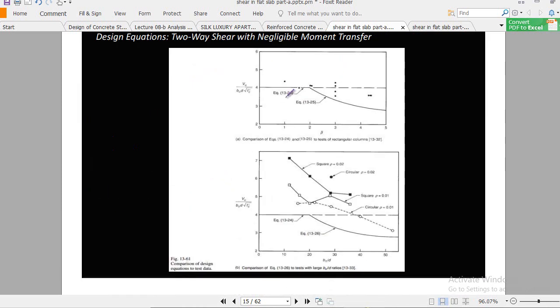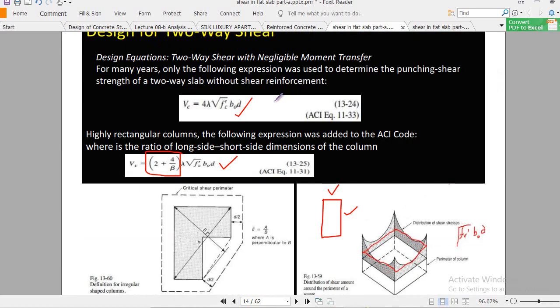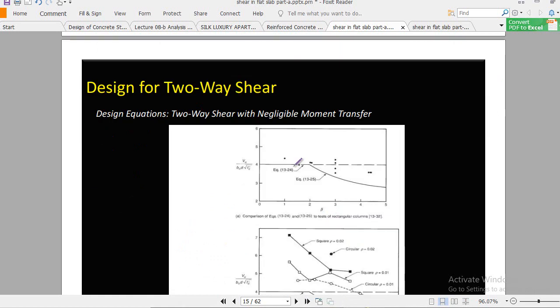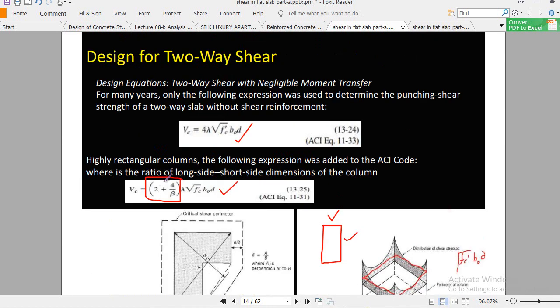Now these are the graphs from where we can take this kind of equation. This equation is basically from the first graph. You see here the values are different from different test results. This is the average value, and then the lower values are down here. So to cover this, we consider this portion, and this portion is covered by this value.